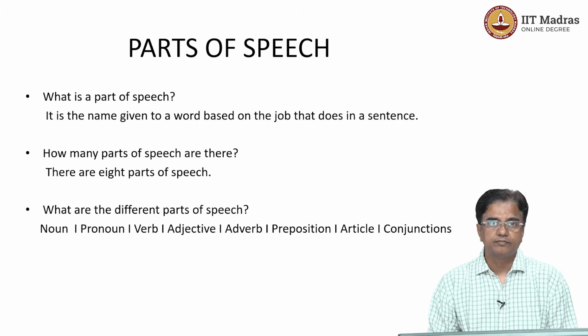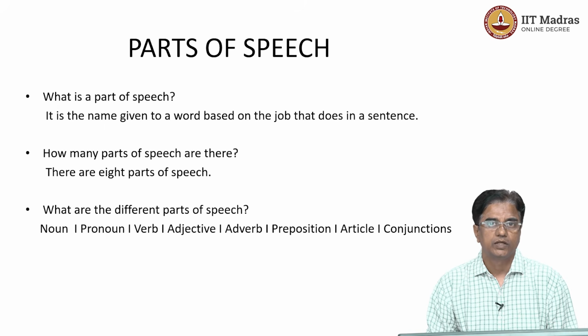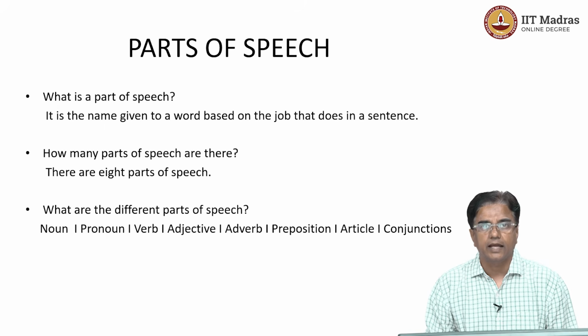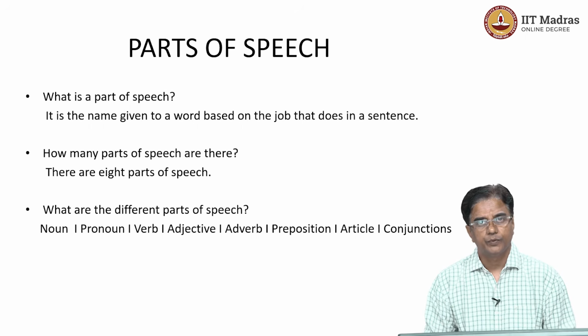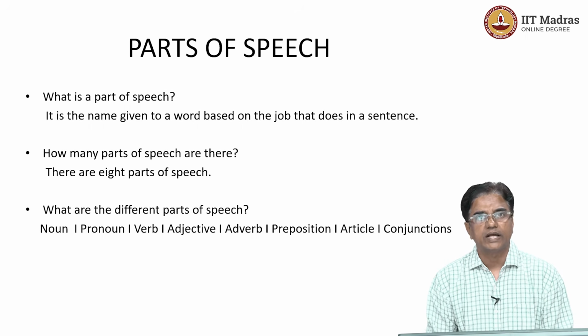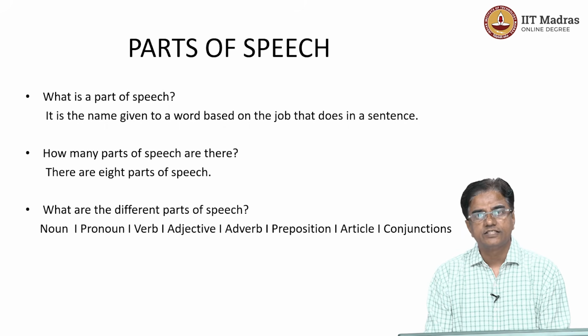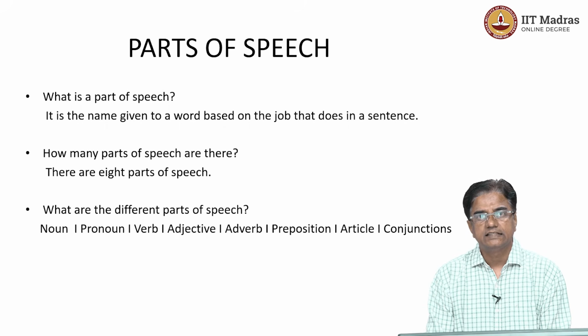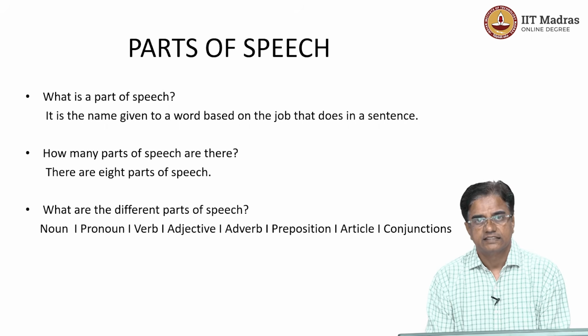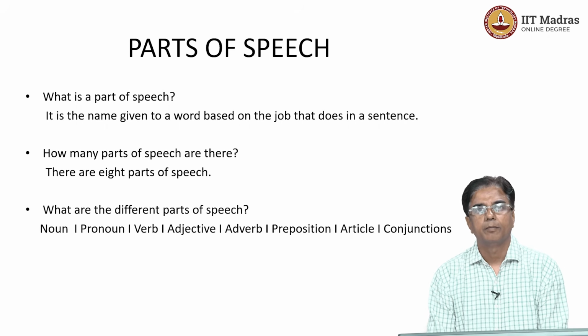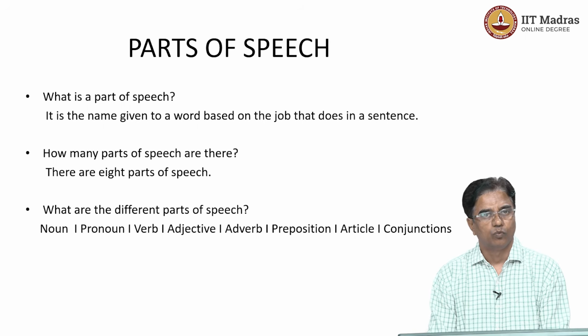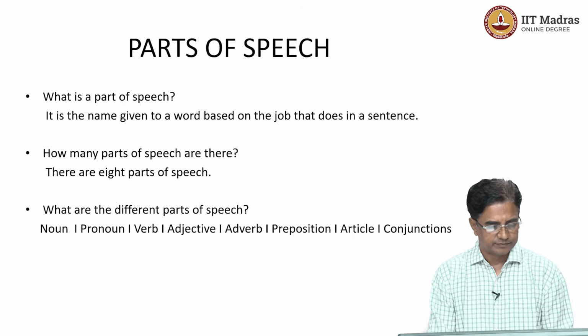There are several of them, as I mentioned to you. To be precise, there are 8 of them. So, broadly speaking, when we look at a sentence in English, we can categorize different parts into 8 categories. Therefore, we say there are 8 parts of speech. What are they? Look at the names.